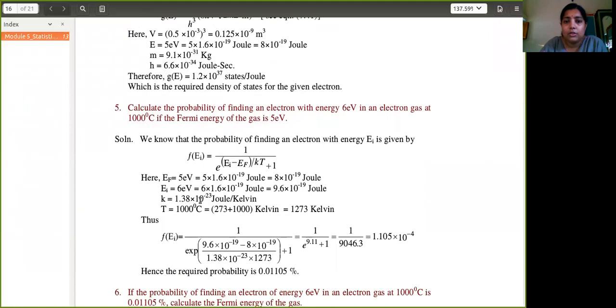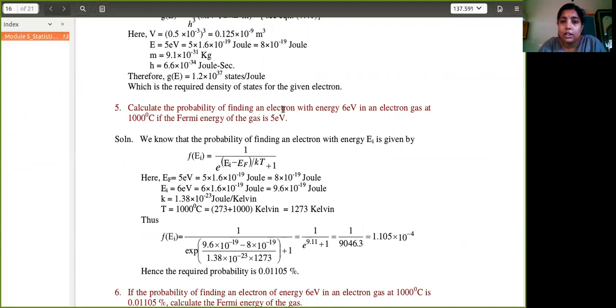Now move on to the next problem. Calculate the probability of finding an electron with energy 6 electron volt in an electron gas at 1000 degrees centigrade if the Fermi energy of the gas is 5 electron volt. So the probability of finding an electron is given by the distribution function F(Ei). If you have to find out F(Ei), all these values are given.